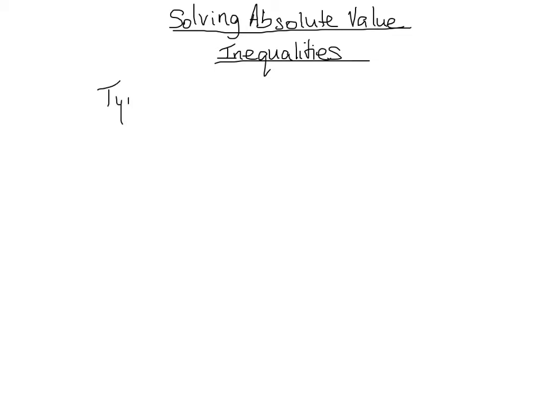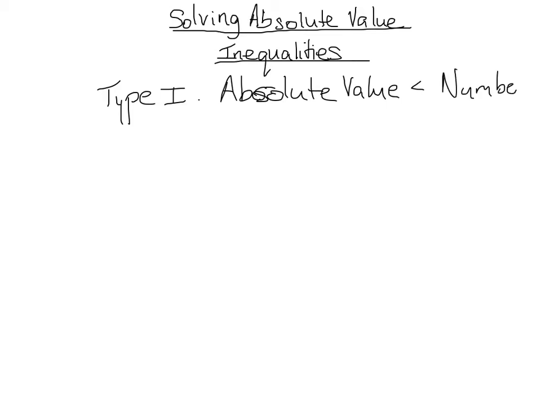So in the first type that we look at, we want the absolute value of something to be less than whatever number we have. All right, so in type 1, an example could be the absolute value of 2x plus 7 is less than 11.